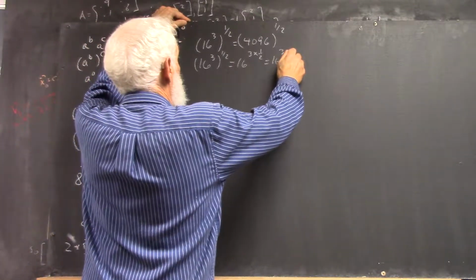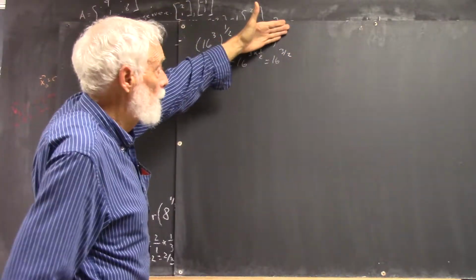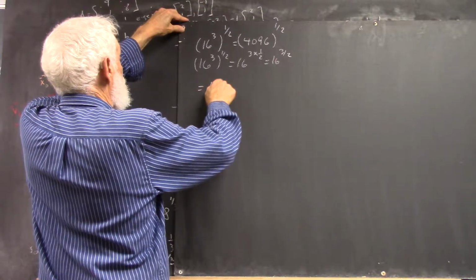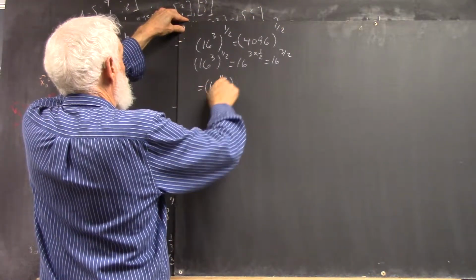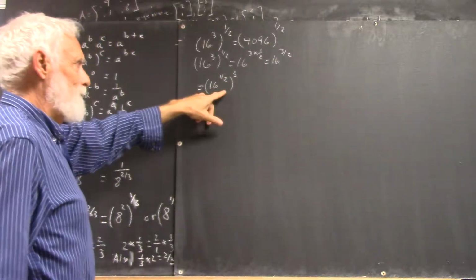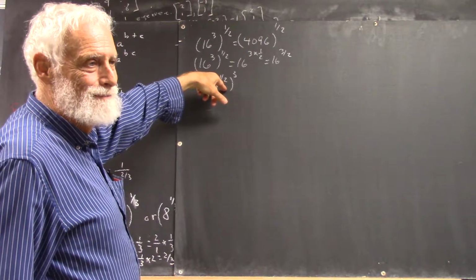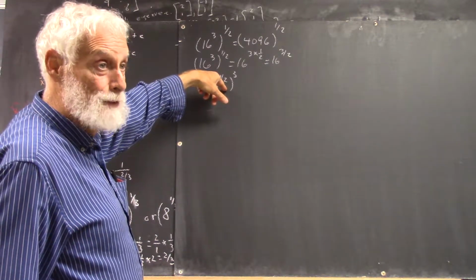And then how would you write 16 to the 3/2 if that had been the problem? You would probably have written that as 16 to the 1/2 cubed, because I've told you that you probably want to use the reciprocal exponent inside, okay?